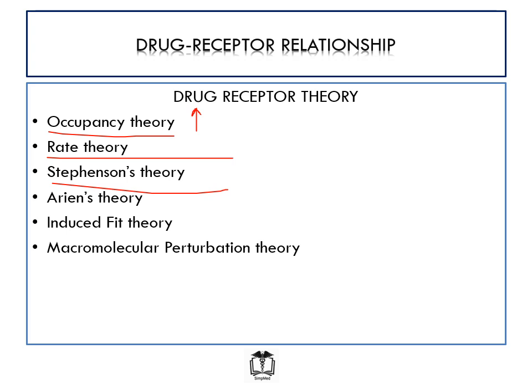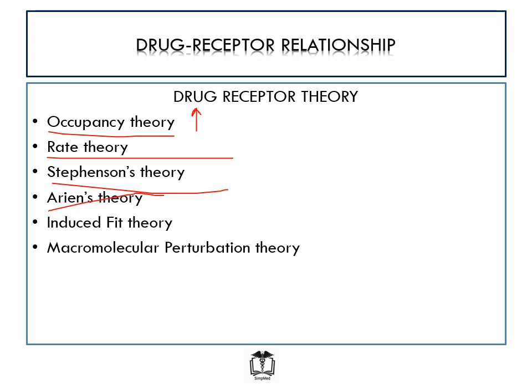Then we have the Arrhenius theory. The Arrhenius theory talks about the response being a function of affinity. It talks about how strongly a particular drug is bound to the receptor, and they're saying that that will determine the response. So drugs that have very strong affinity to the receptor, that are very tightly bound to the receptor, would have a greater response.